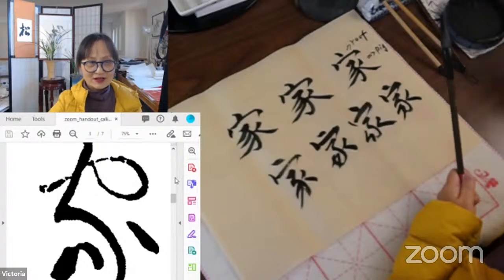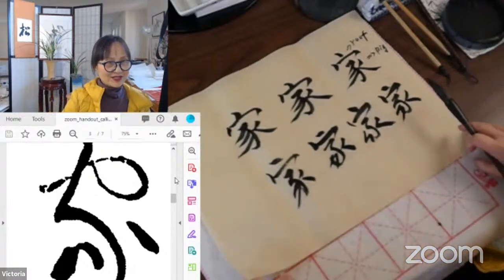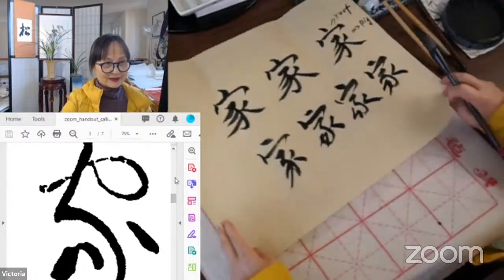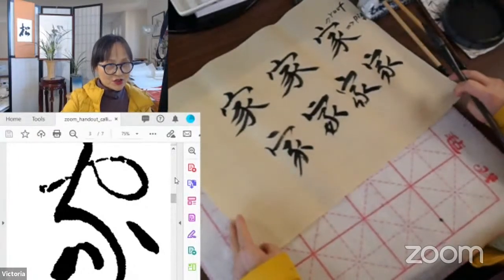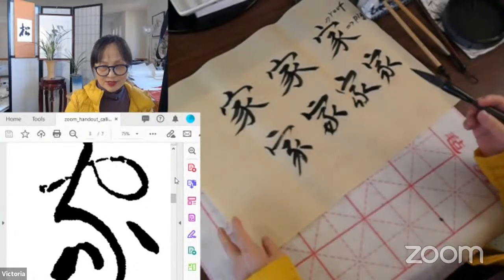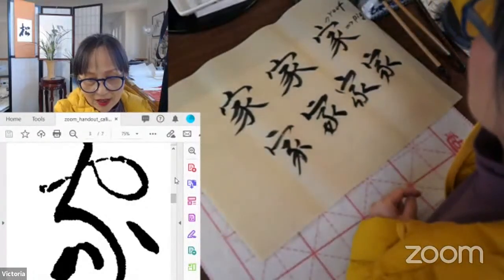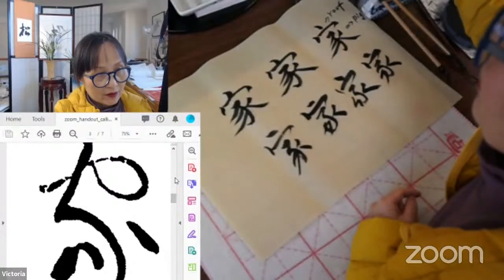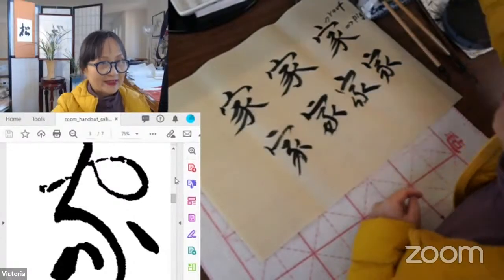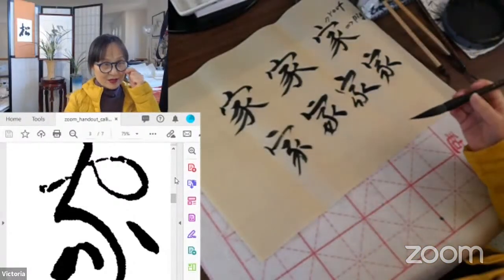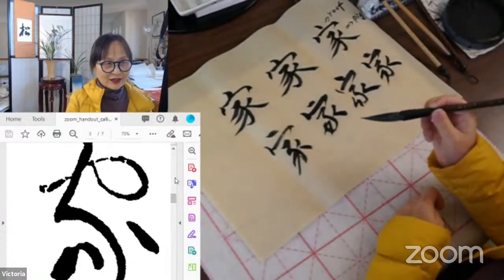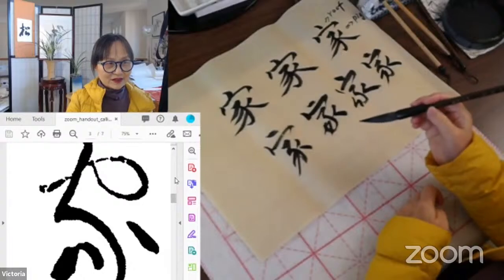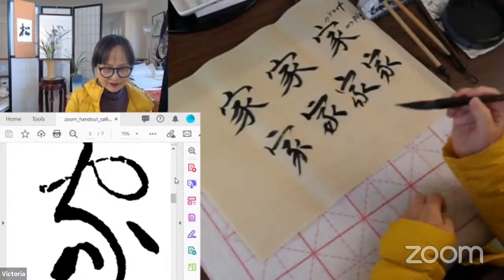So as we said, from standard to walking, the stroke order sometimes changes. Sometimes it still keeps the same order, but connected, and with some rhythm there. But this one really even changed the order.